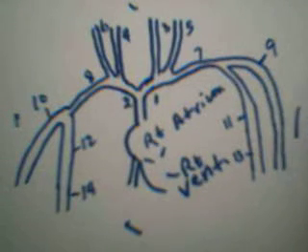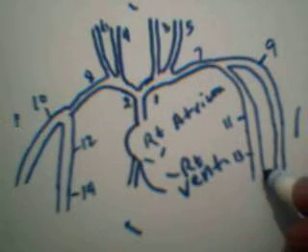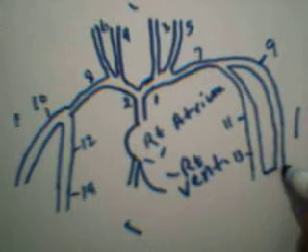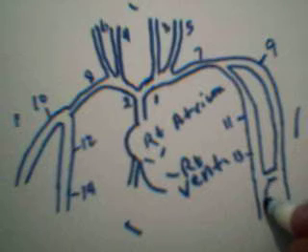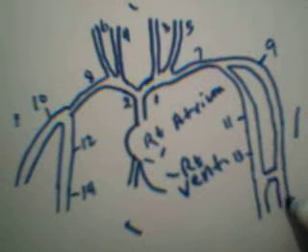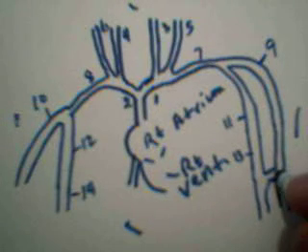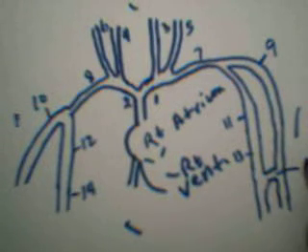So I'm just going to draw on the left side here. There's a vessel that will connect these two together. So the cephalic and basilic veins come together, and where they come together, I'm going to label this number 15.